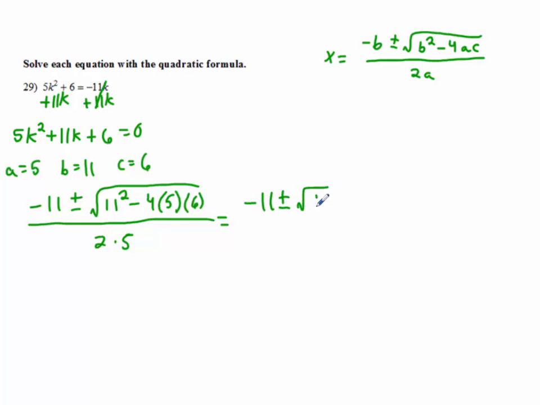The square root of 1 is 1. So instead of writing square root of 1, I'm just going to write 1. And 2 times 5 on the bottom gives us 10. So what we want is to split this up into negative 11 plus 1 over 10 and negative 11 minus 1 over 10. And we want to figure out what those two numbers are.